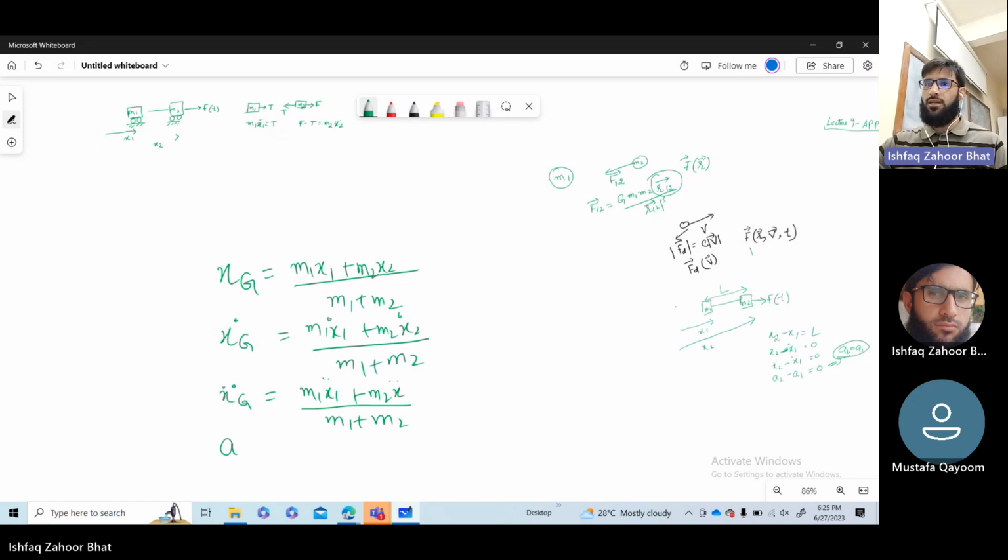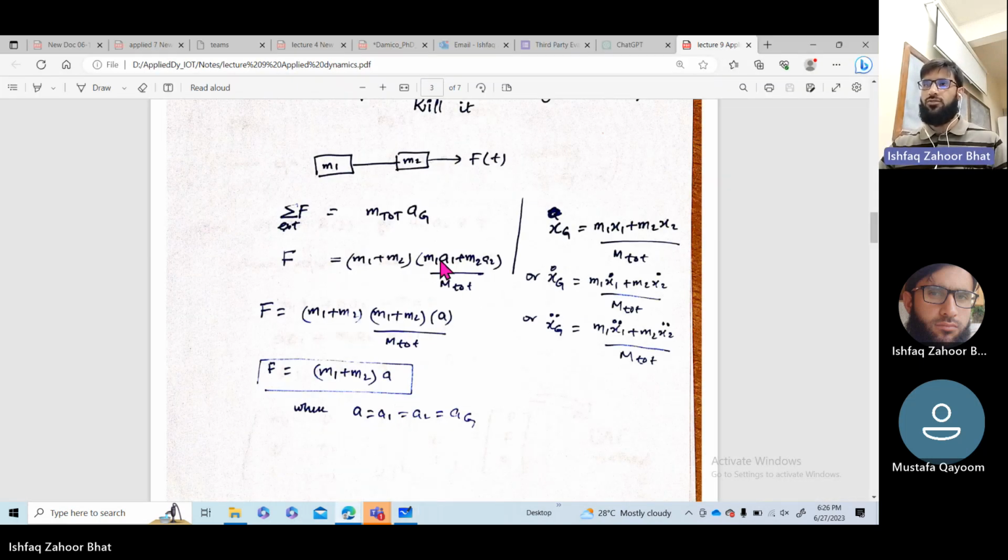Xg double dot is the acceleration of the center of gravity. M1 x1 double dot is m1 a1, plus m2 x2 double dot is m2 a2, upon m1 plus m2. So this is m1 a1 plus m2 a2 upon m total.